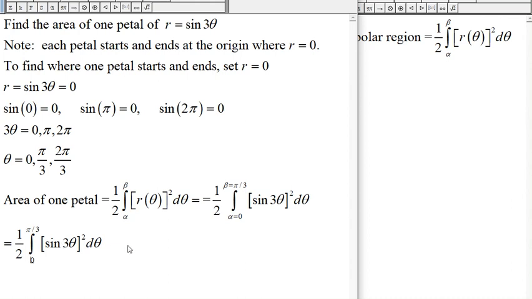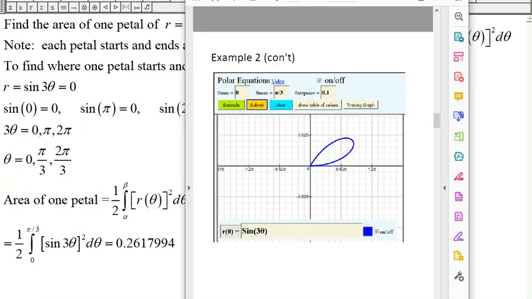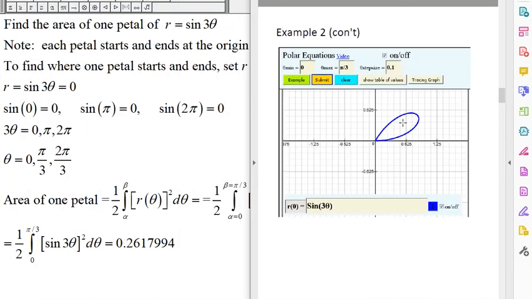For something like this, if we use a numerical integration method like the trapezoidal rule, we get 0.2617994. And so the area of this petal right here is 0.2617994.